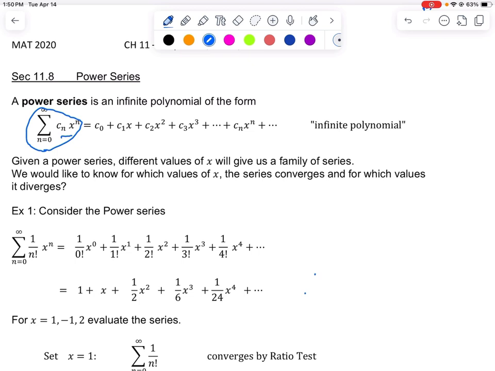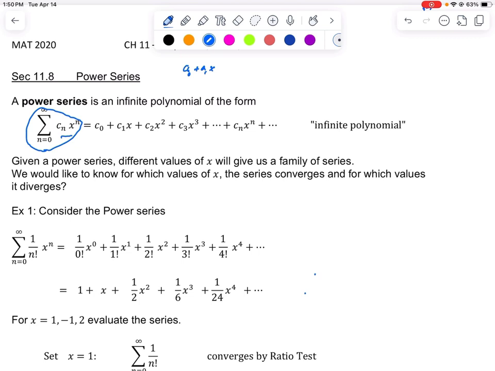So what is this c_n? It could be again anything. It's designated as the coefficients of the terms of the series. So if you notice, this is like a polynomial. If you recall, a linear polynomial, we can write it as a_0 plus a_1 x.